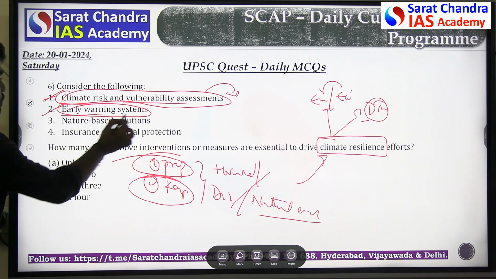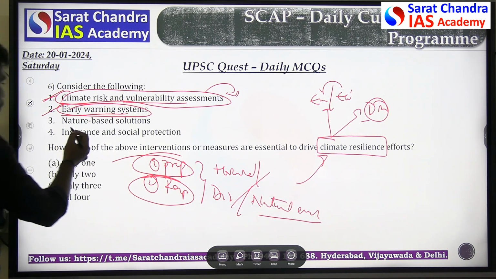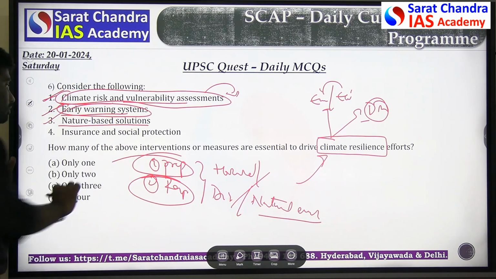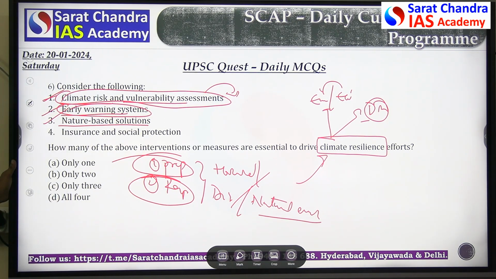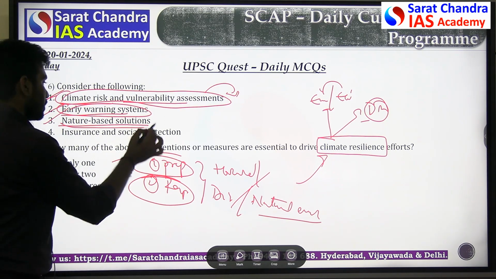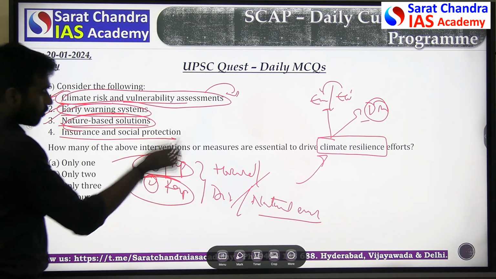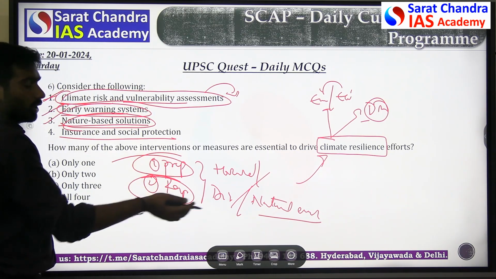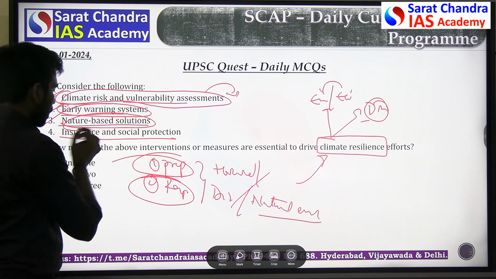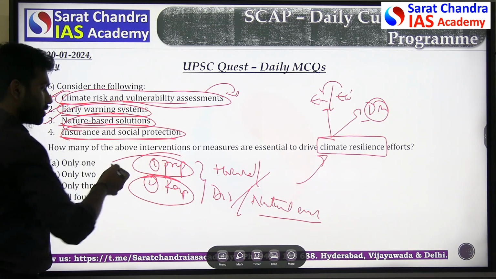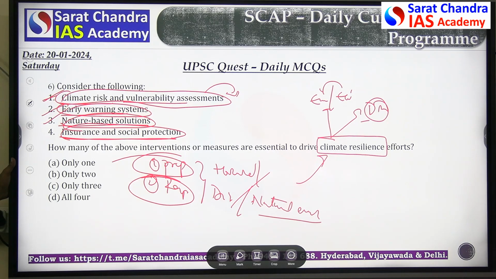So early warning systems, yes. Third one, nature-based solutions. Yes, also correct. Fourth one is insurance and social protection, because after a disaster or hazard happens, it is our response, right? Insurance and social protection. So all of them come under climate resilience efforts.